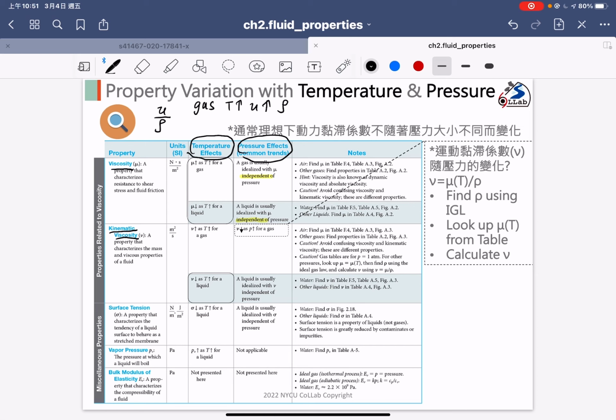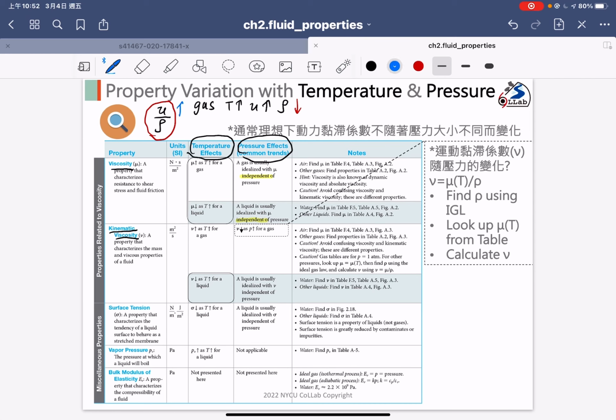For any material, if the temperature increases, the density will decrease. So you have decreased densities, and you go back to figure out what the kinematic viscosity does. Because the mu increases and the rho decreases, the final will increase, right? The kinematic viscosity will also increase.